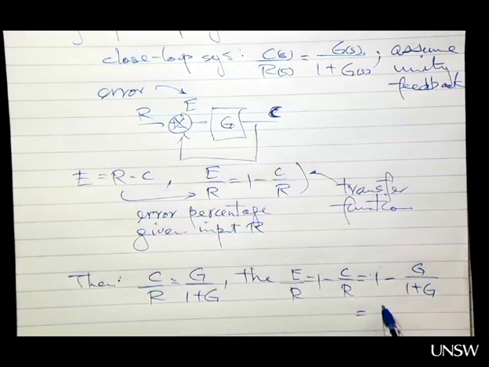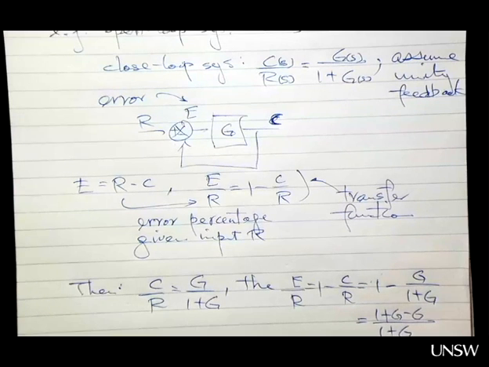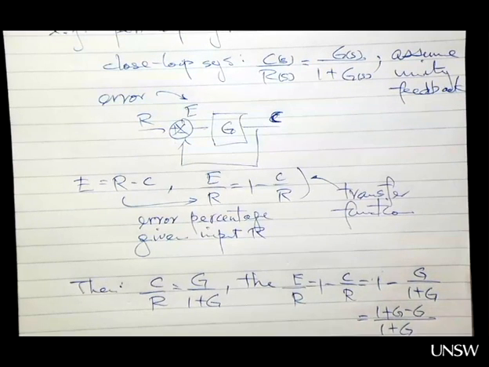Okay, so that we have 1 plus G minus G and then the common denominator. So it is 1 plus G. This is the error ratio.